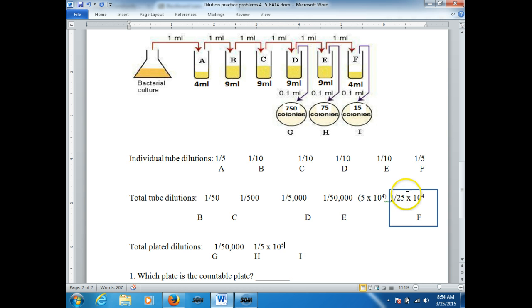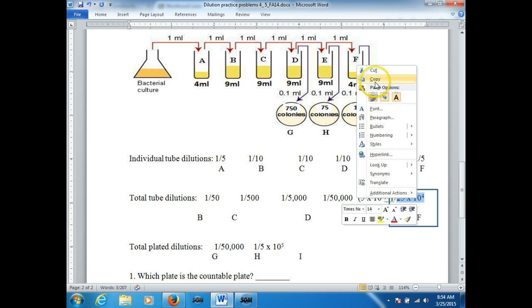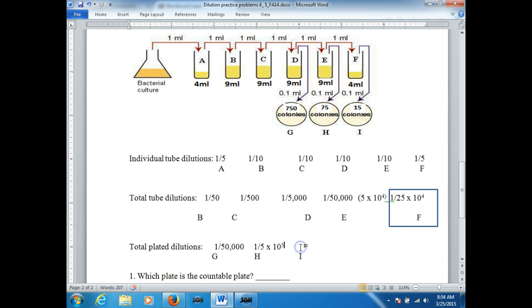Then I is going to be what F is, but with one more factor of 10. So we need to change that to a 5, or we could do the point and make that 6.